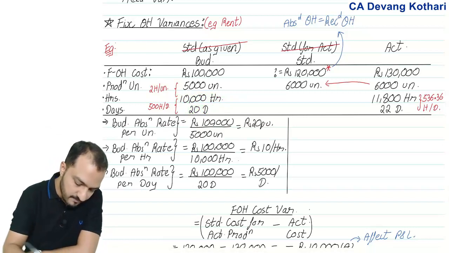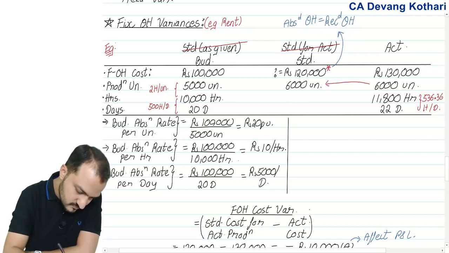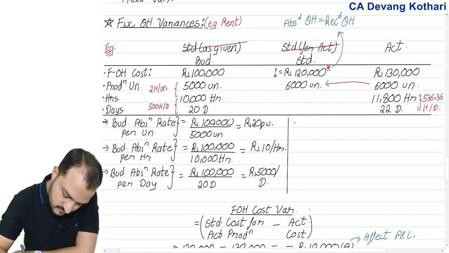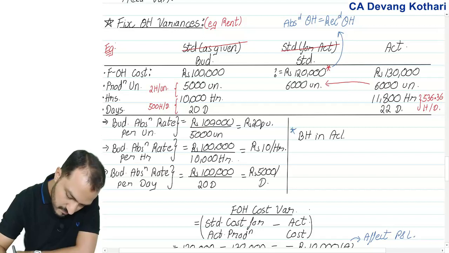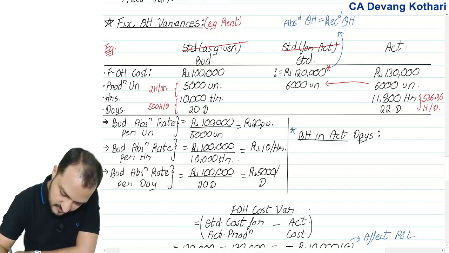If 10,000 is the budgeted hours of 20 days, budgeted hours of actual days goes like this.